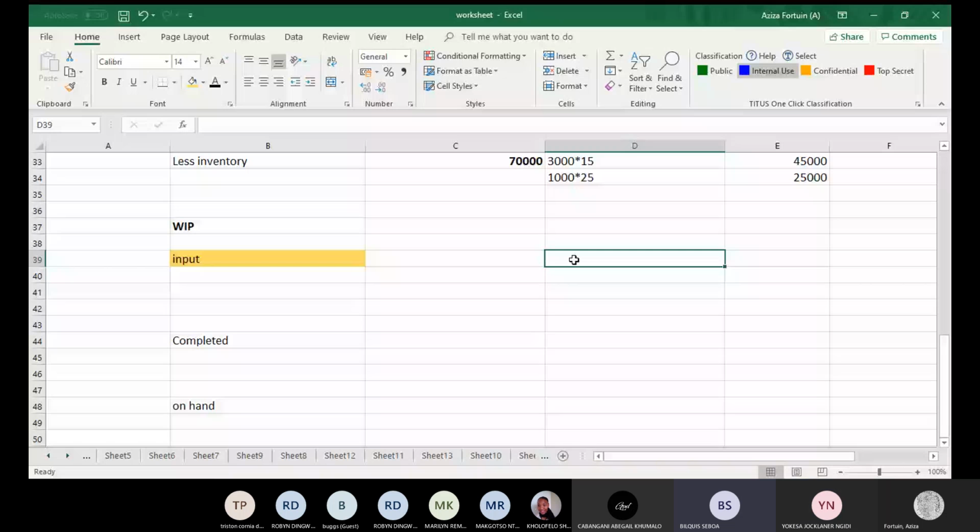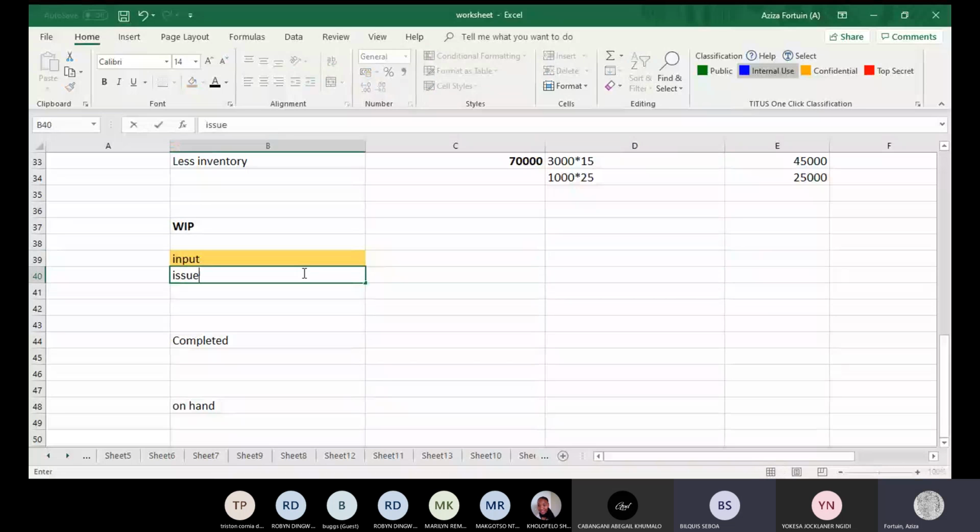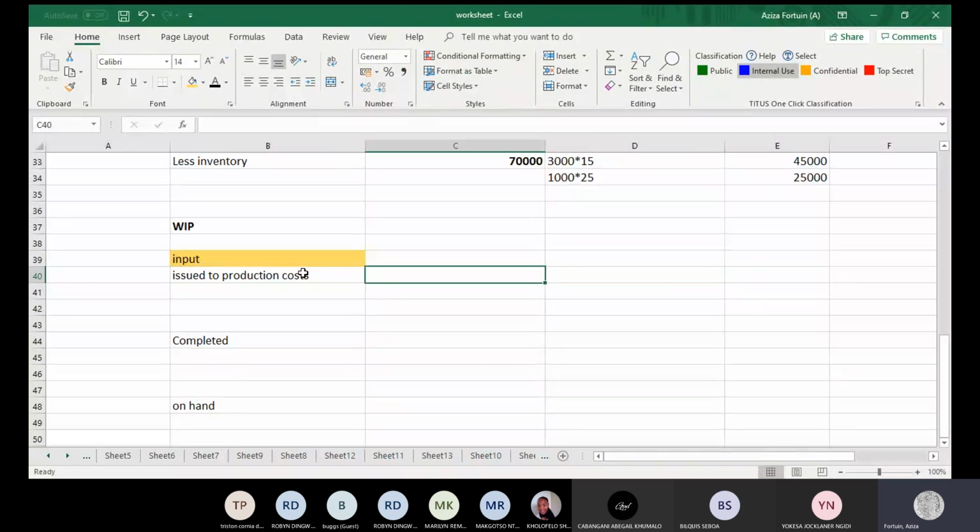The input consists of direct material cost, which, like we worked out previously, is 550,000. Let's call it the issue to production cost.